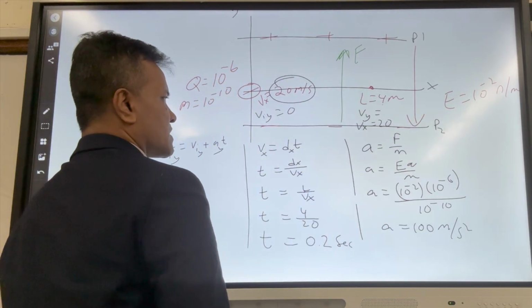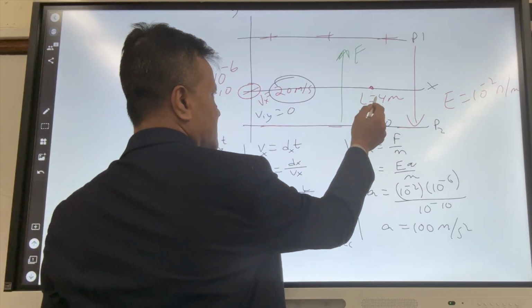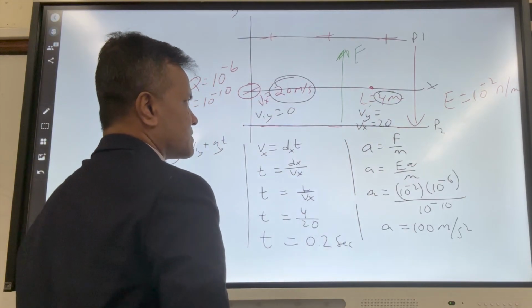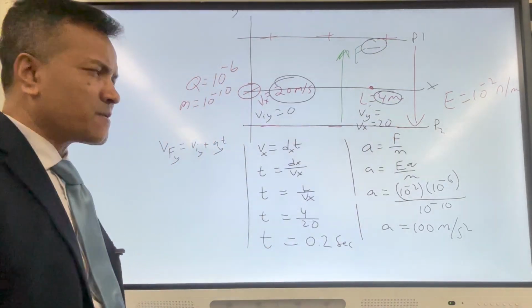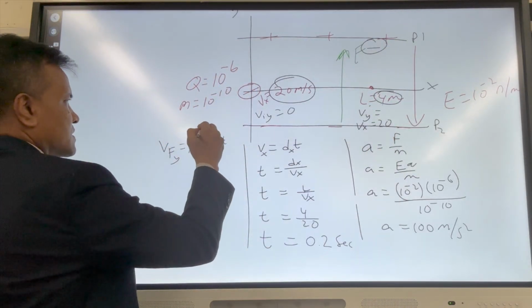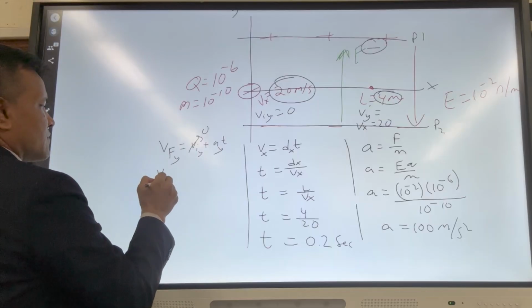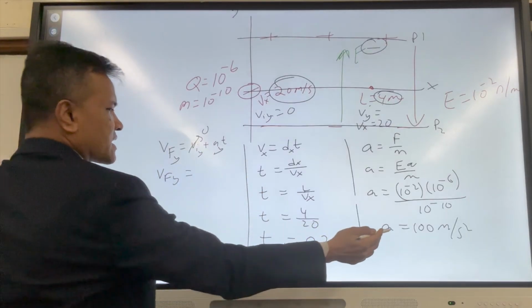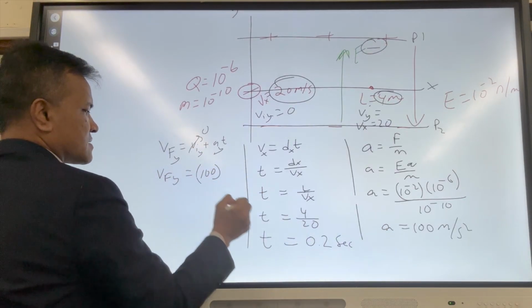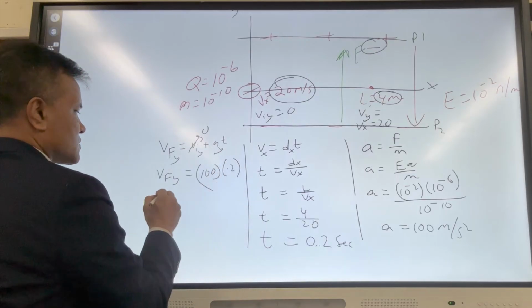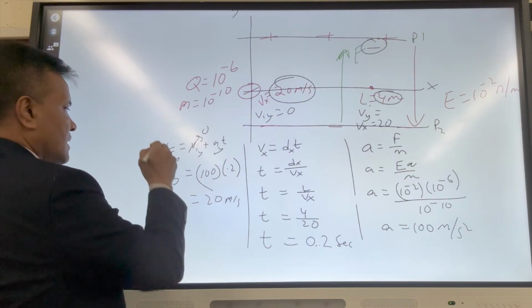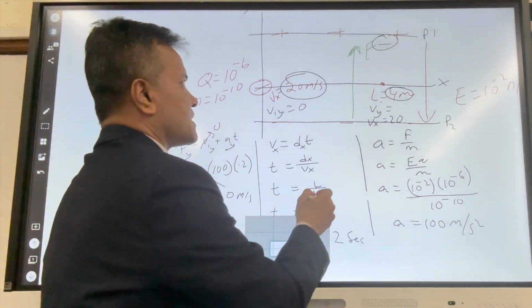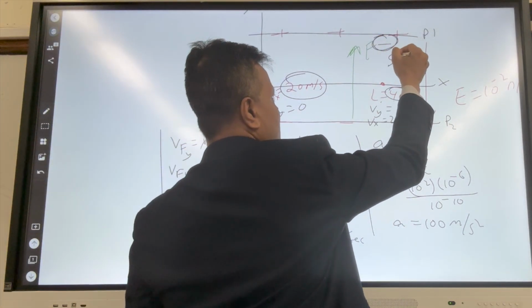Now, what is the location of this electron at 4 meters? The electron is now here, very close to plate number 1. Good. So this is 0 over here. So Vfy is equal to, this is 100, this is 0.2. So Vfy is 20. Now, we're going to find the speed when the object is here.